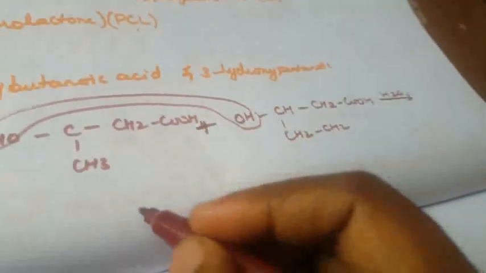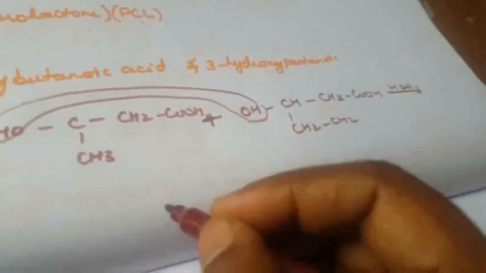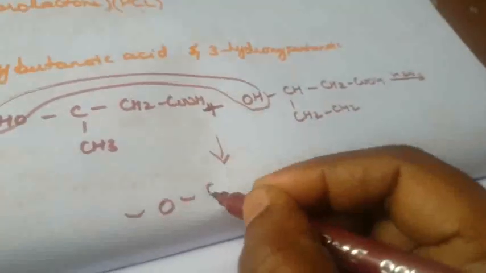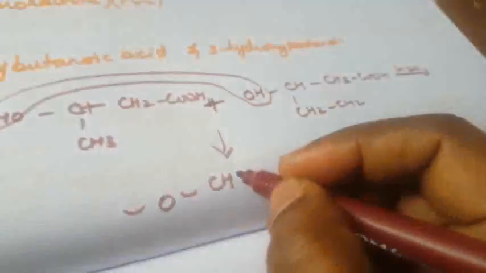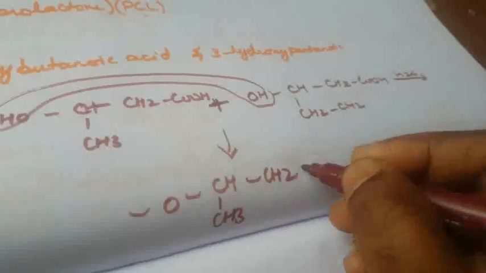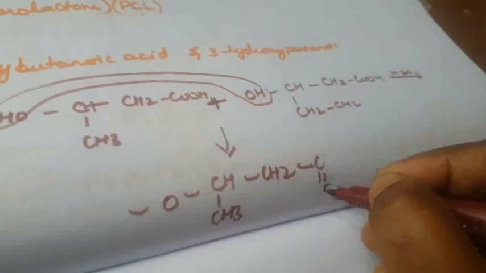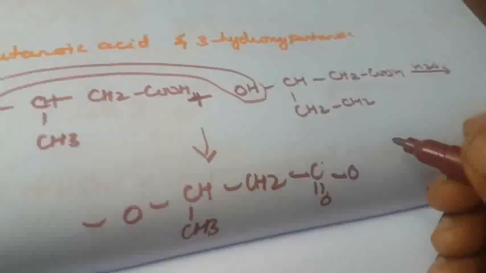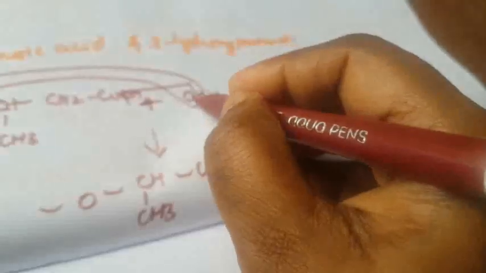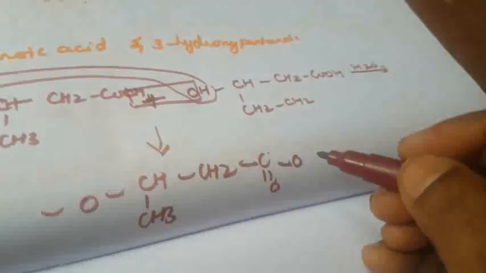So remaining is only O here. Here also one O is there. Here O, then CH. So here also CH, CH3, then CH2, then C double bond O, O. So here also H2O will be removed. Okay, so H2O will be removed, only O is there.